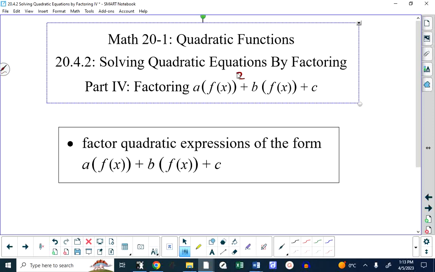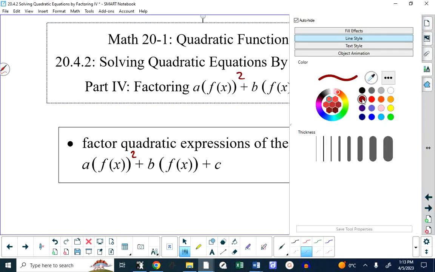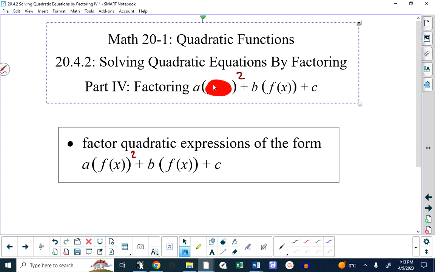There's a 2 here and there's a 2 here. All this is, everybody, is factoring stuff that falls into this realm: A times something squared plus B times that thing plus C. That thing could be puppy.